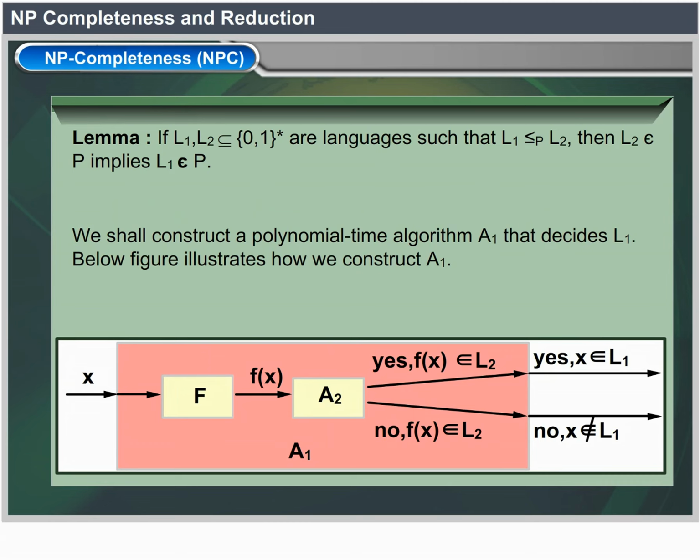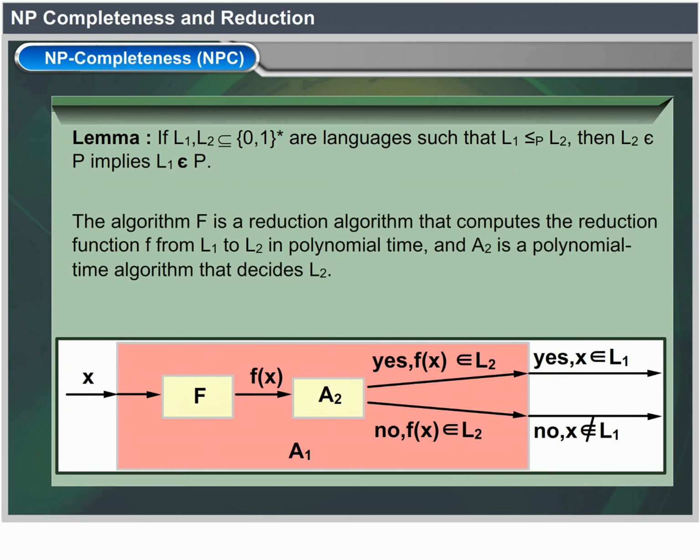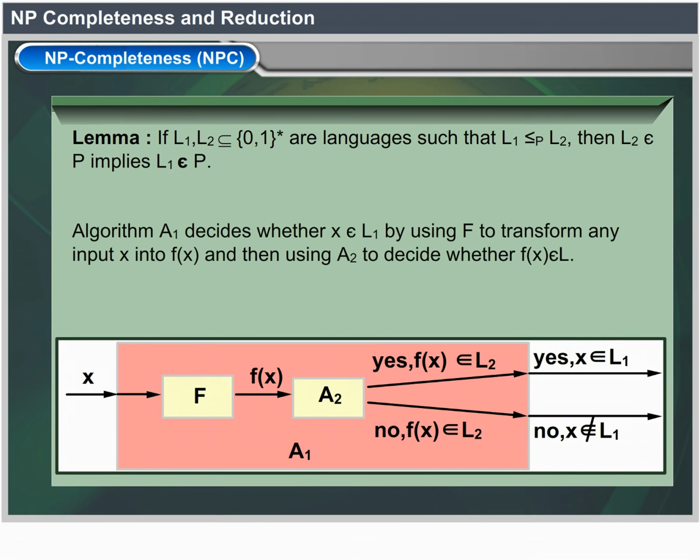The algorithm F is a reduction algorithm that computes the reduction function f from L1 to L2 in polynomial time, and A2 is a polynomial time algorithm that decides L2. Algorithm A1 decides whether x belongs to L1 by using F to transform any input x into f(x), and then using A2 to decide whether f(x) belongs to L2.